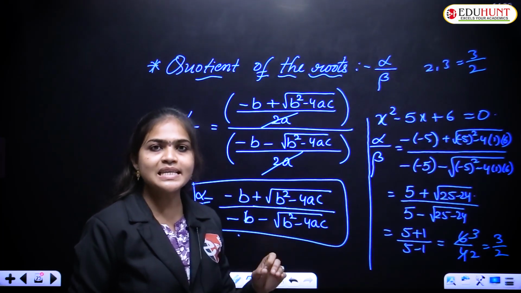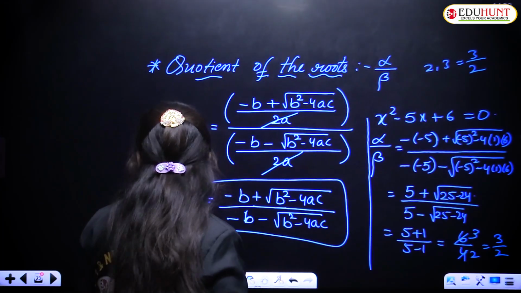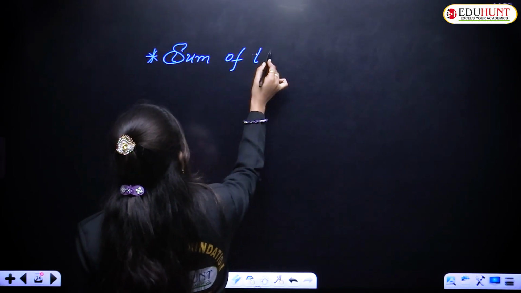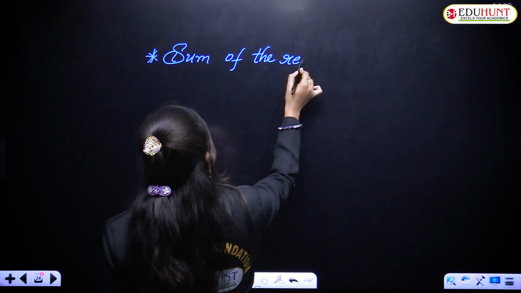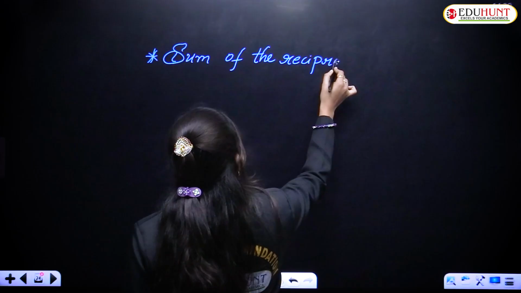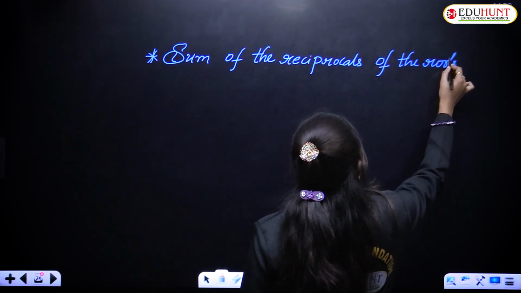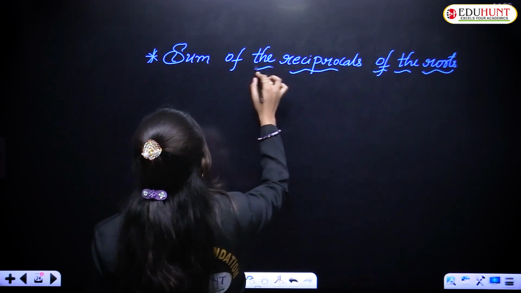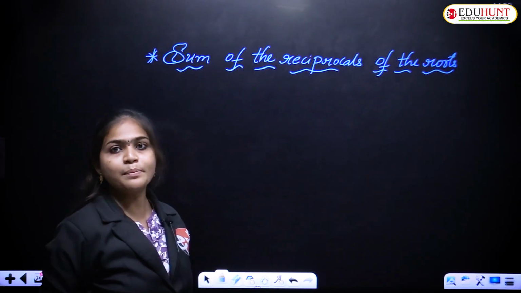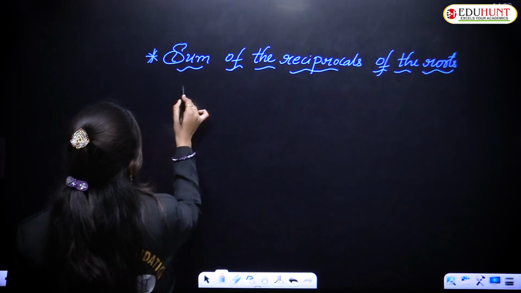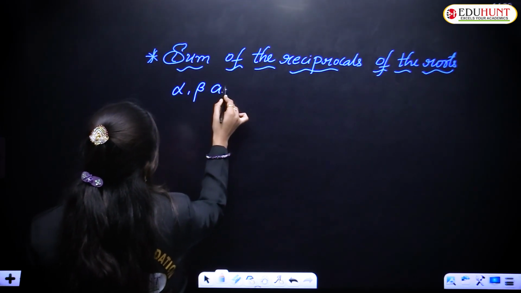Okay. Next, reciprocal of the roots. Sum of the reciprocals of the roots. So here actually roots are alpha comma beta are the roots.